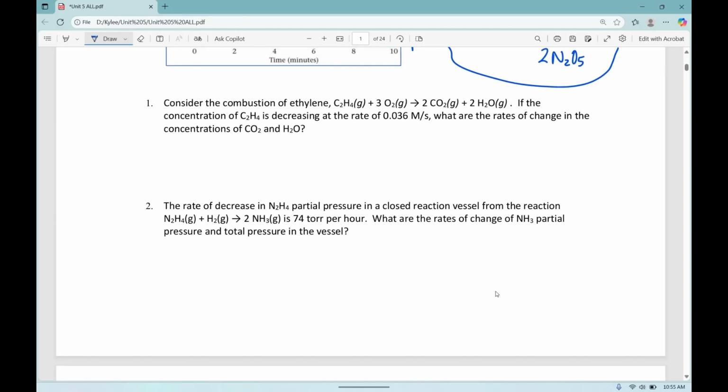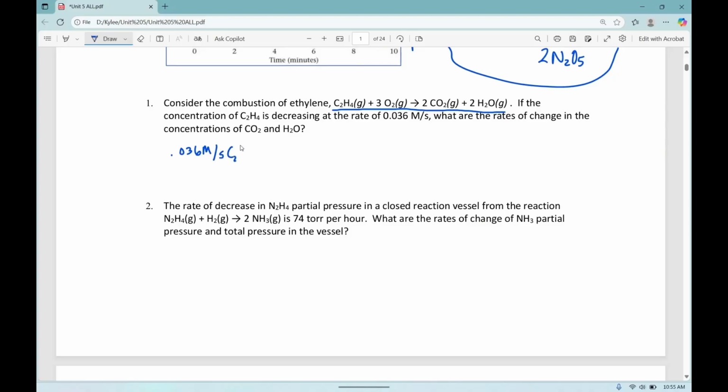It says consider the combustion of ethylene, and they give us the balanced equation. It says that if the concentration of C2H4 is decreasing at the rate of 0.036 molar per second, what are the rates of change for CO2 and H2O? I would do similar to what I was doing before.